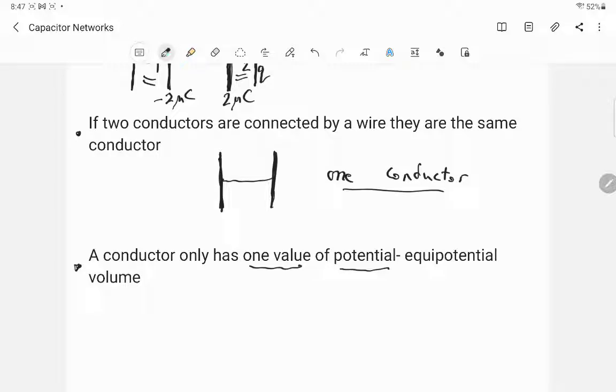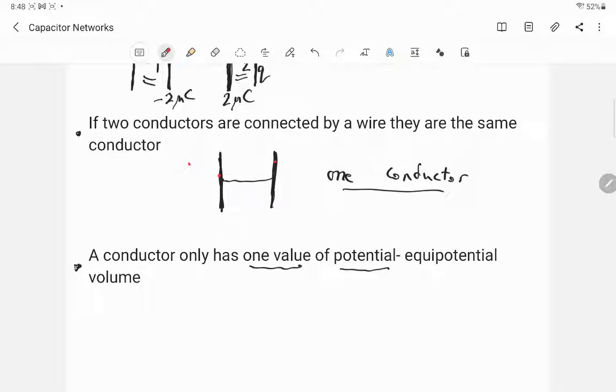That is, if you were to ask, what is the potential difference between this position and this position, right? So this position, right, they're connected by a wire. This is one conductor.